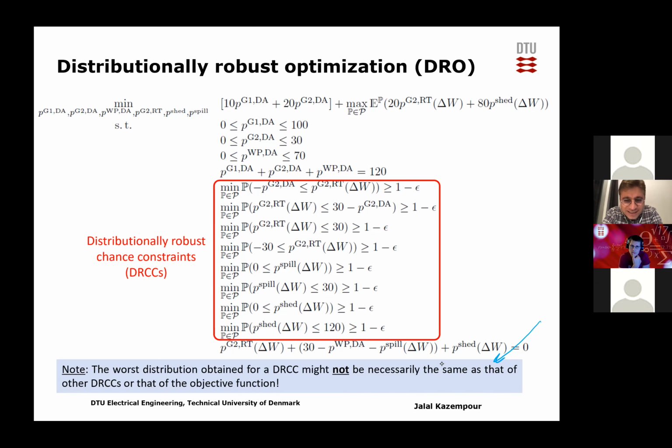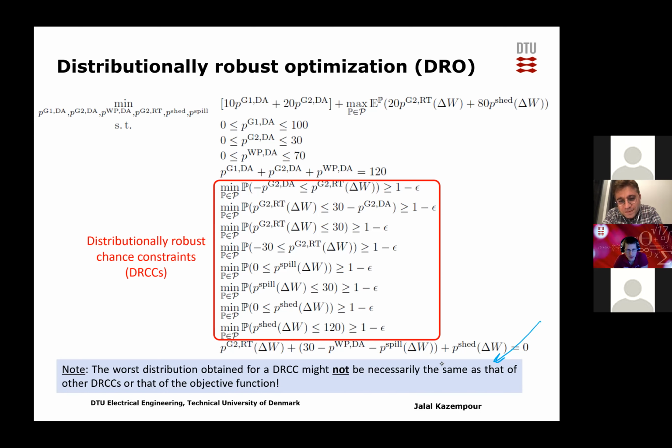So in that sense, individual is less conservative. Again, it's case specific at the end which one will be more or less conservative. But I'll be surprised if joint chance constraint is less conservative in general. Yeah, I agree with you on that one.